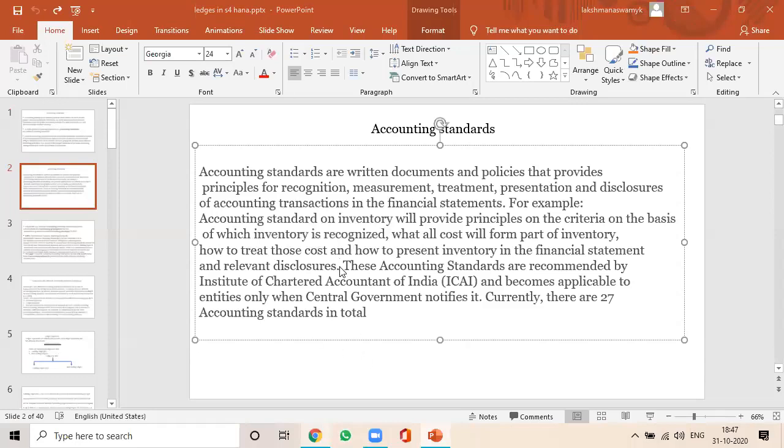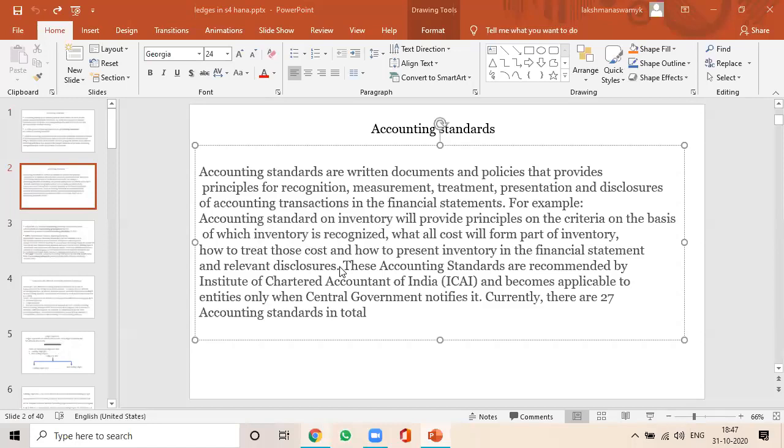In India, these accounting principles and accounting standards are formed by the Institute of Chartered Accountants of India. Till now, the Institute of Chartered Accountants of India has declared nearly 27 accounting standards in total.